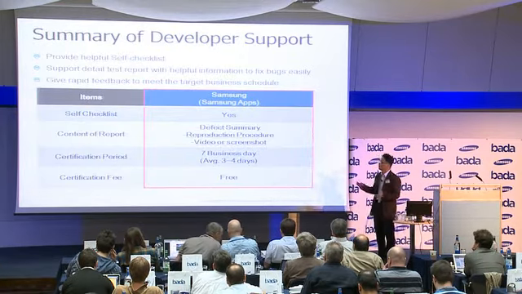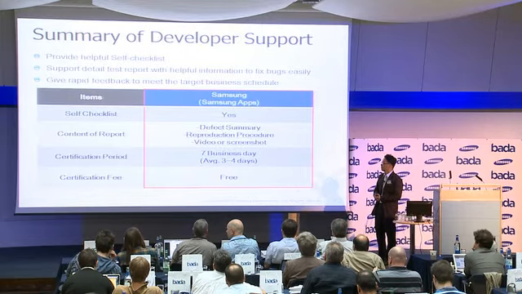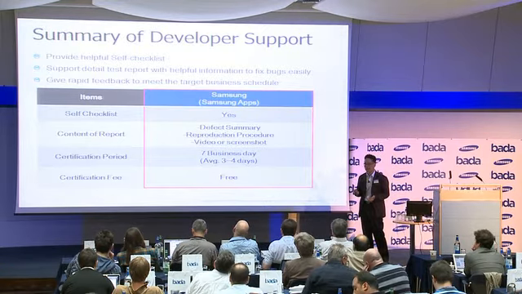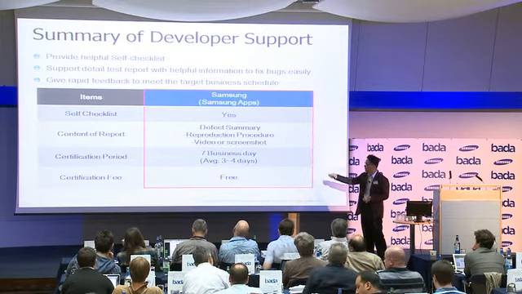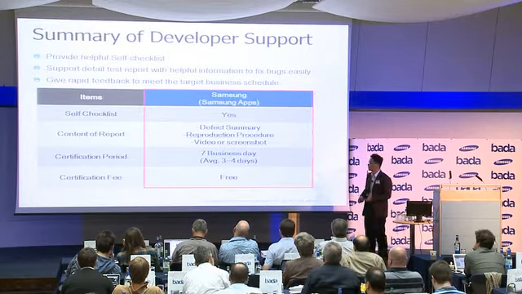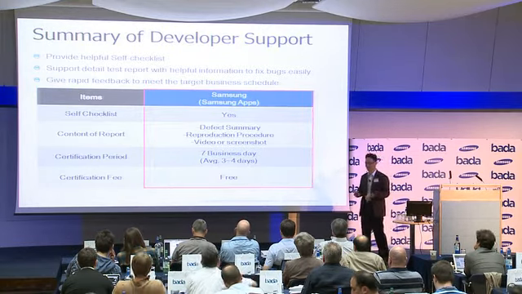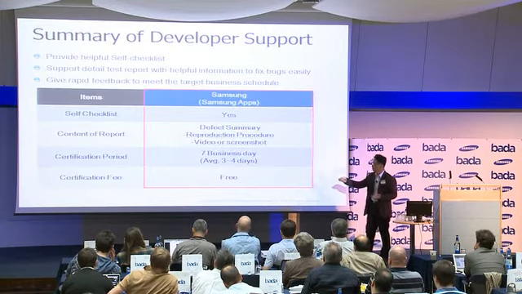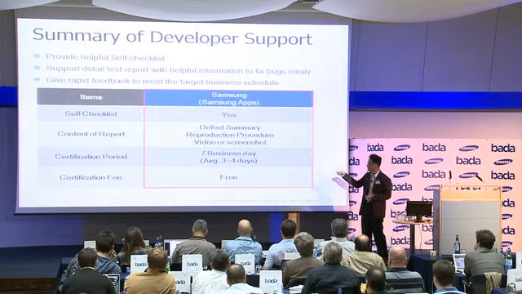Now, I'll just summarize this section by listing some developer support items. First, the self-checklist. Samsung provides a self-checklist, and many other companies don't provide it. Also, the contents of the report, as I explained.